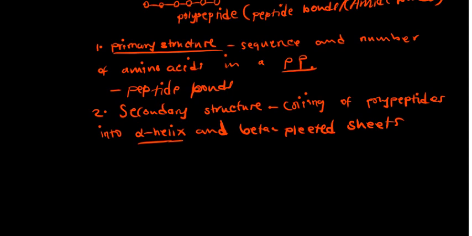So alpha helix, just like a spiral, it forms a spiral. So something like this. So let's assume these are hydrogen bonds. So we are going to call this alpha helix. Then we are going to have another one.